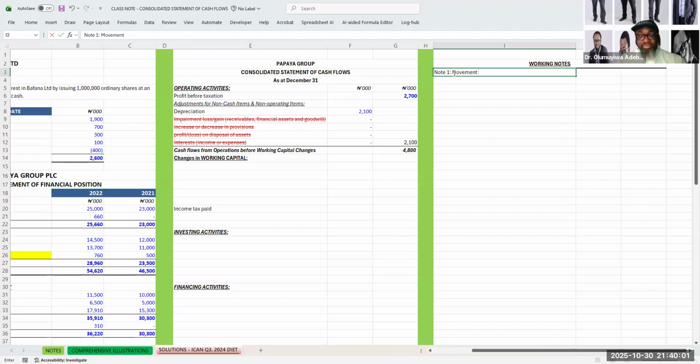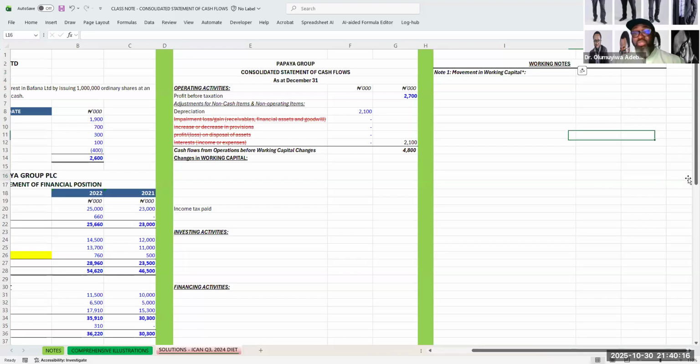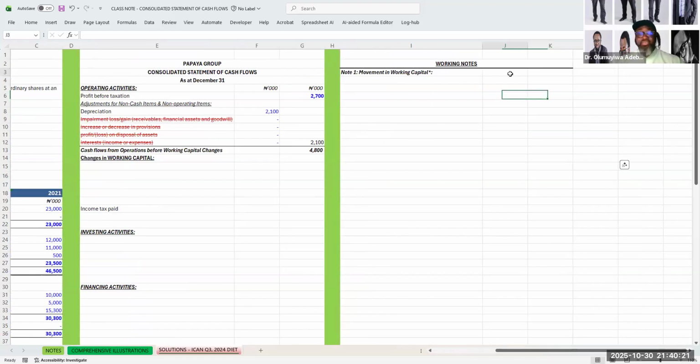Movements in working capital. And I'll put an asterisk so that we are aware that not necessarily all working capital items may be considered. And what are the working capital items we have? I have inventory.